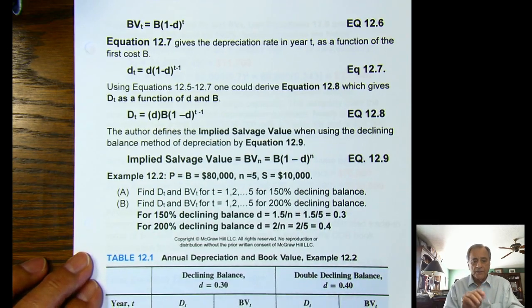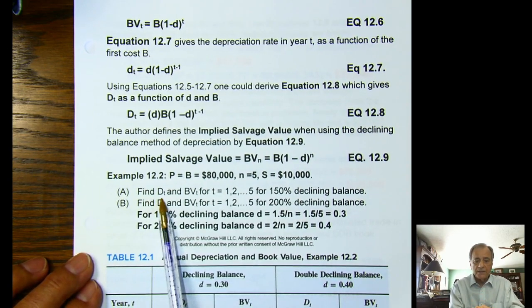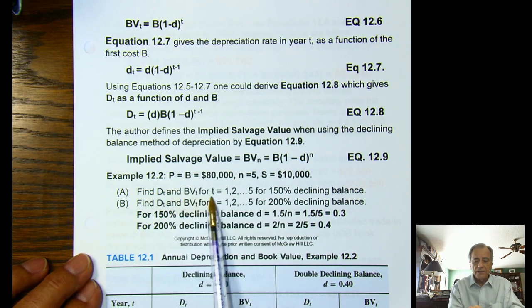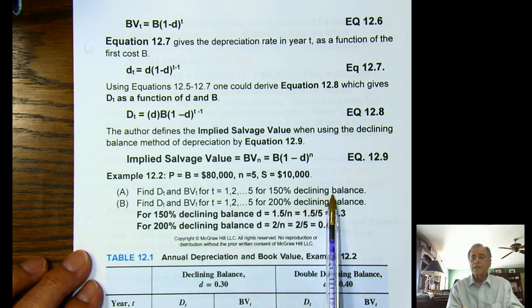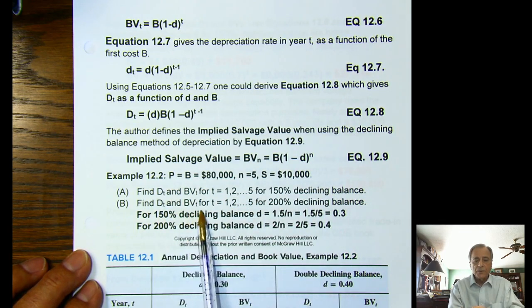And the question then is, find the depreciation and the book value for t equals 1, 2, 3, 4, and 5 for 150% declining balance, and then find it for 200% or double rate declining balance.